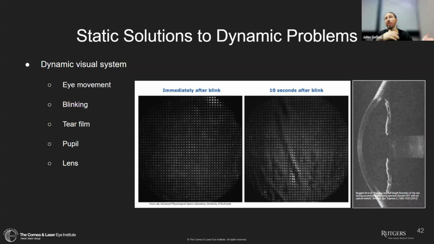The eye's going to move, the lids are going to blink, the tear film is going to change over the top of the lens. The pupil is going to change size. The lens thickness is going to change with accommodation. We know all of these variable factors are going to happen. So we can expect improvements, but it's not going to be perfect from situation to situation, but it's definitely going to be better than the traditional.